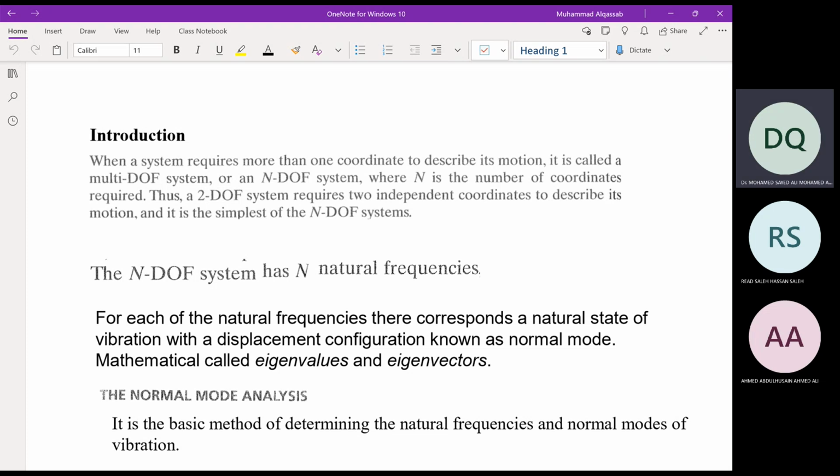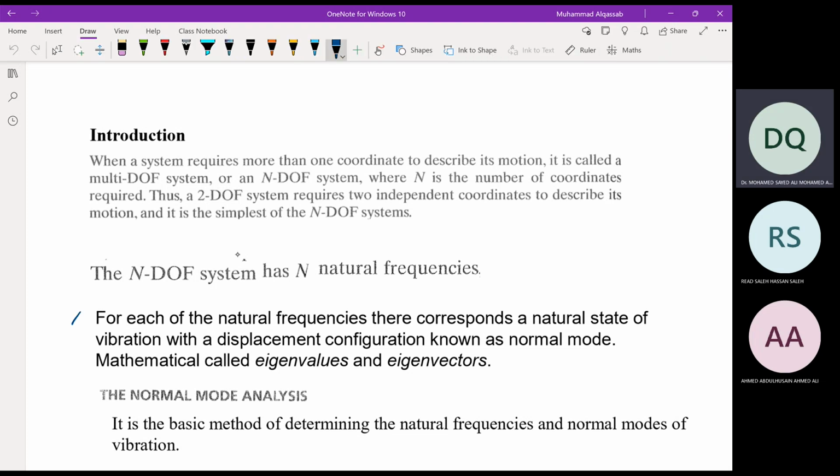As you can see in this paragraph, for each of the natural frequencies there corresponds a natural state of vibration with a displacement configuration known as a normal mode, and sometimes we call it mode shape.